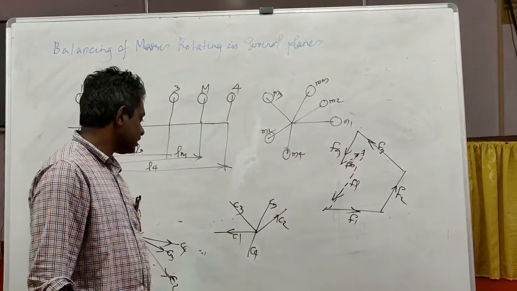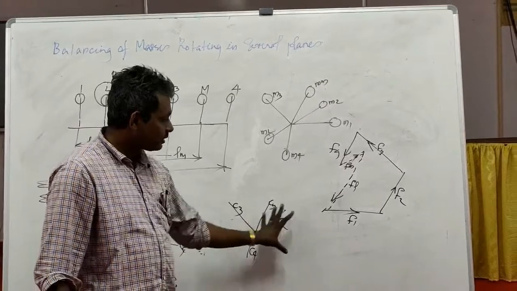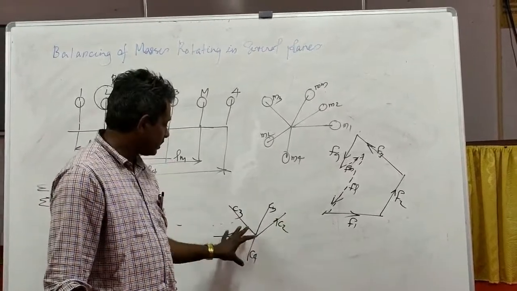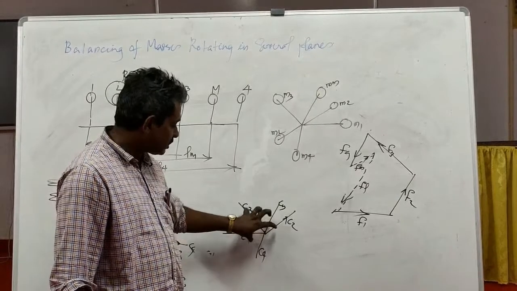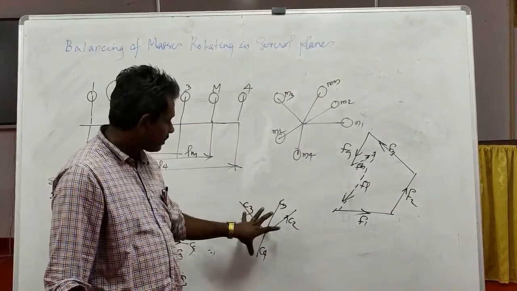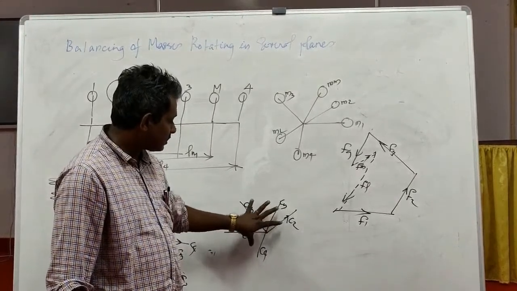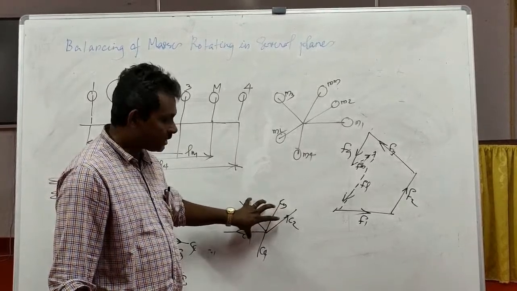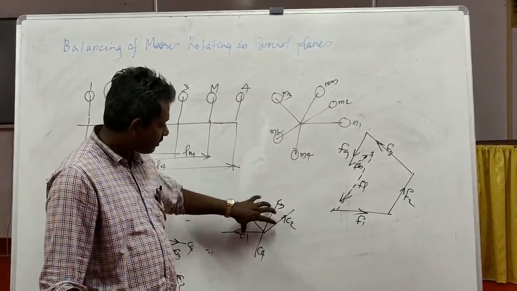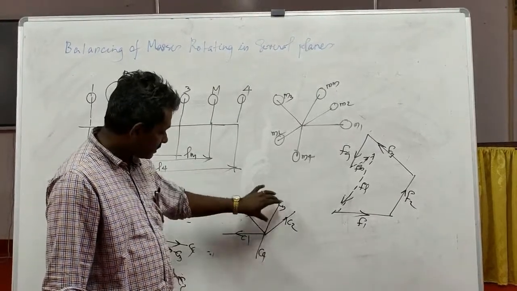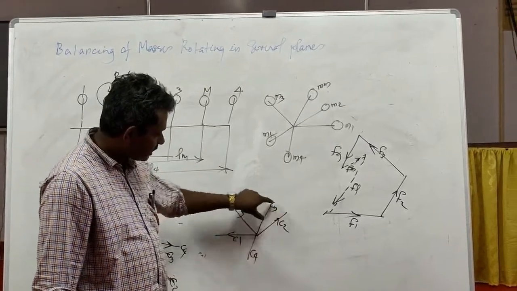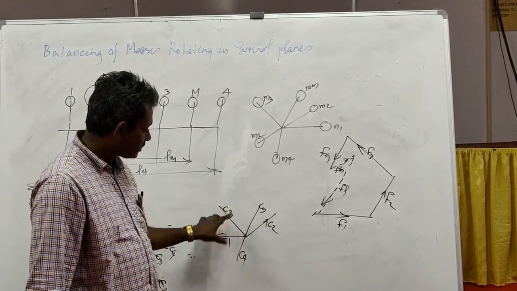So the advantage is that we can easily correlate with the force polygon, because we are interested in the relative angular orientation. The absolute value or the position of C1, C2, C3, C4 doesn't matter. We are interested only in the relative angular difference between C1, C2, C3, C4.